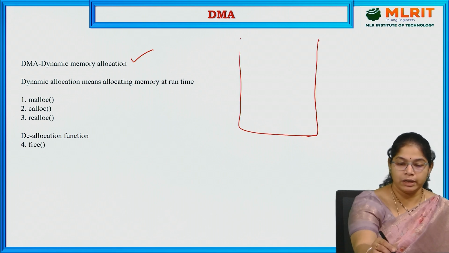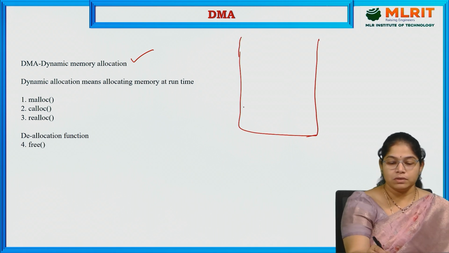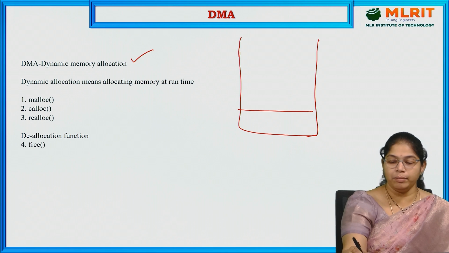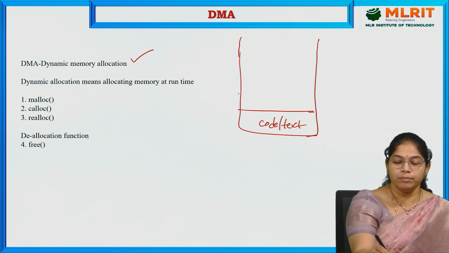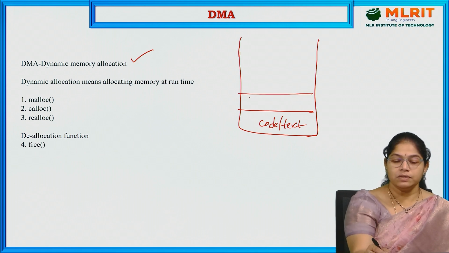Consider this as a memory layout. The first segment is for code or text. The second segment is for global variables or static variables.